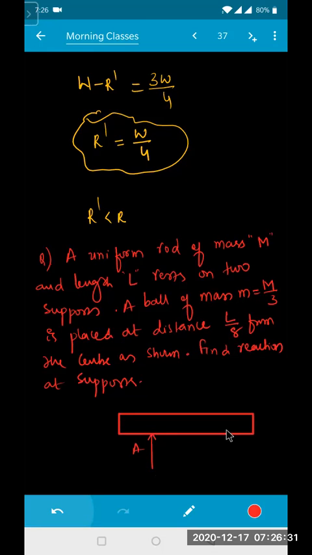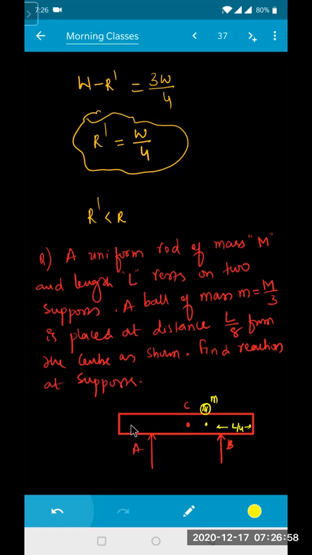This is your A, and this is another force, that is B. This is the center. On this rod we are keeping a ball somewhere here, of mass M. From here to here, this distance is L by 4. This point of support, whatever you are applying, is at L by 4, point B.